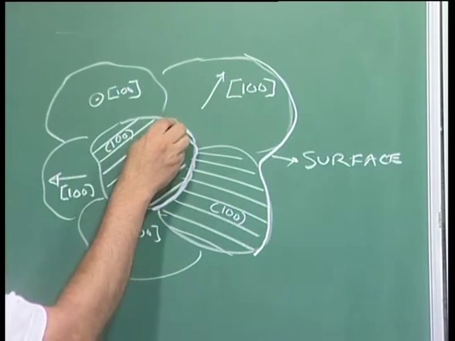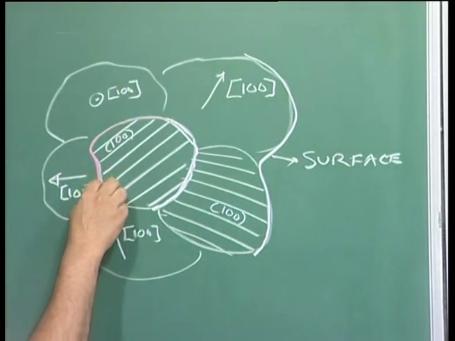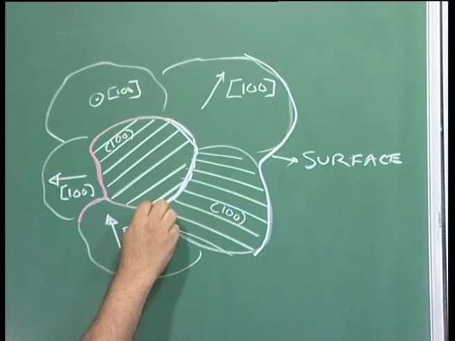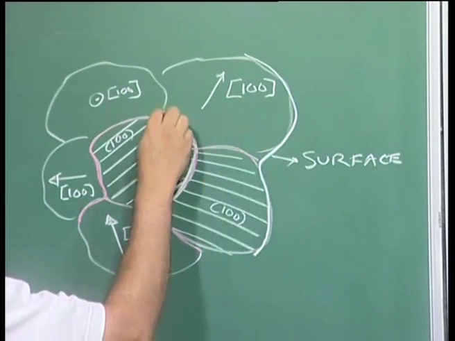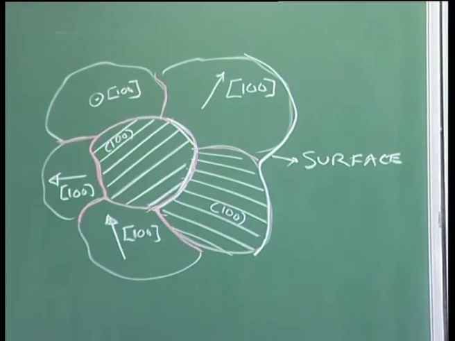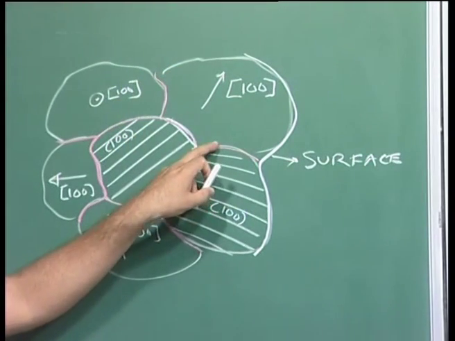Grain boundaries are typically regions of higher free volume, and so therefore it could get into these grain boundary regions. And therefore the alloying element could go and sit here.